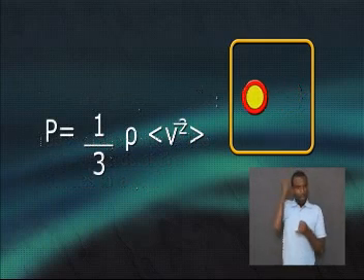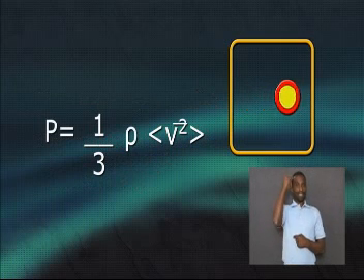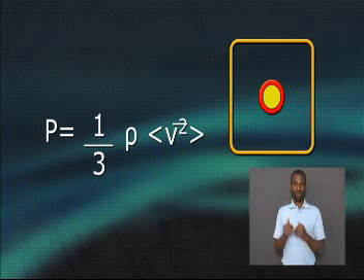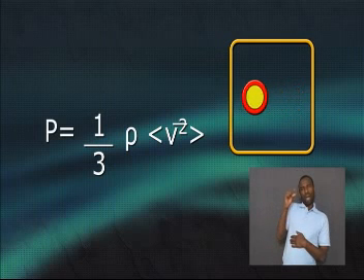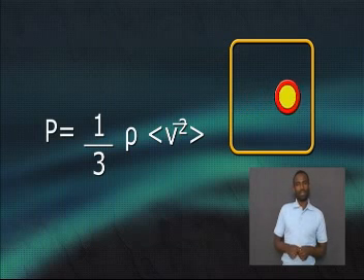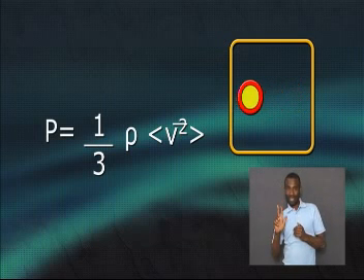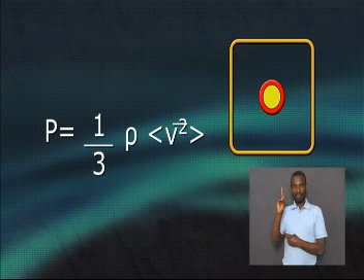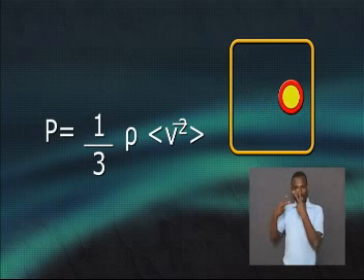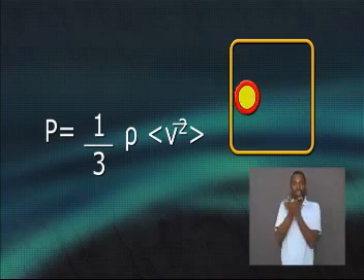Finally, the pressure of an ideal gas can be written in terms of microscopic quantities. Thus, pressure is equal to 1/3 the density of the gas times the mean square speed of the particles.